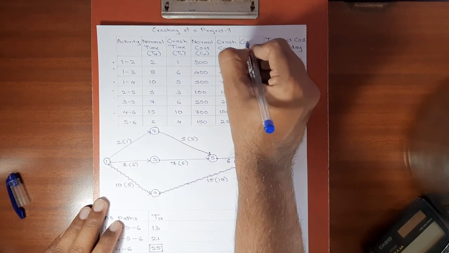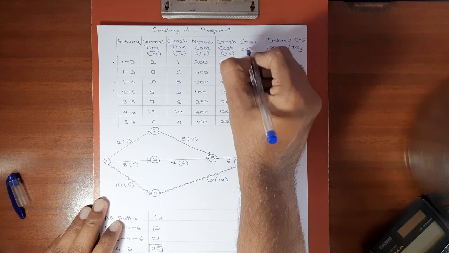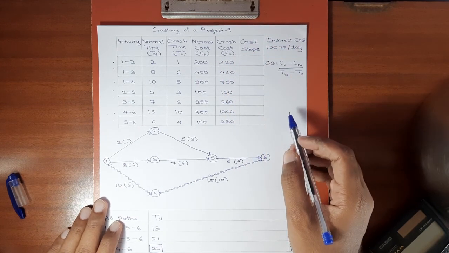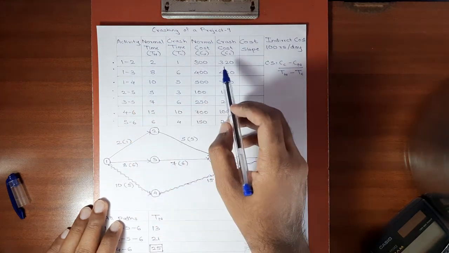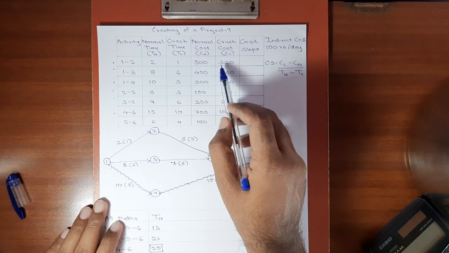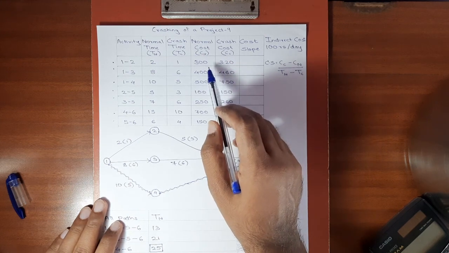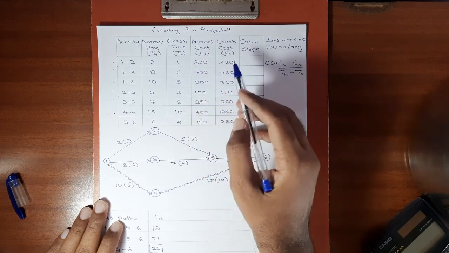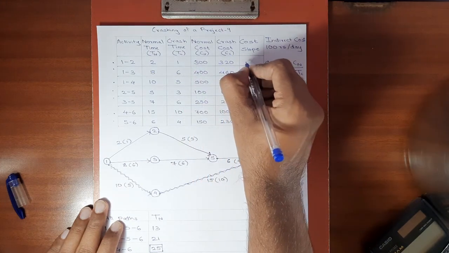So for the first activity, activity 1 2, the crash cost is 320, normal cost is 300. So 320 minus 300 gives 20. 20 divided by 2 minus 1 is 1. So 20 divided by 1, the cost slope is 20.